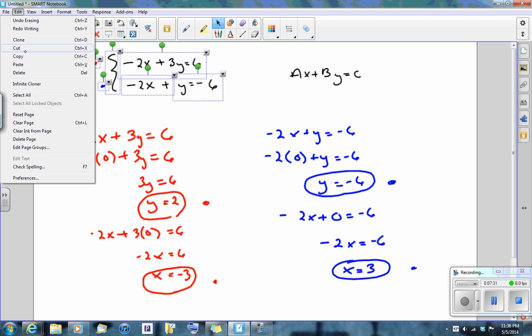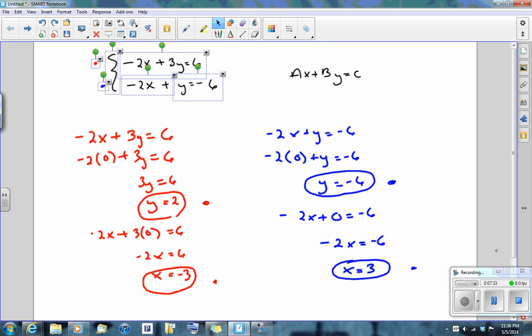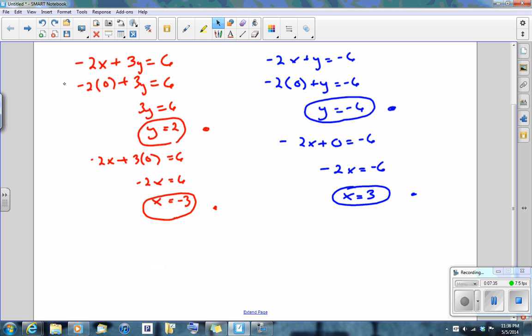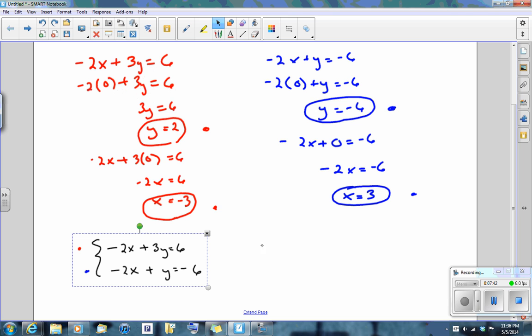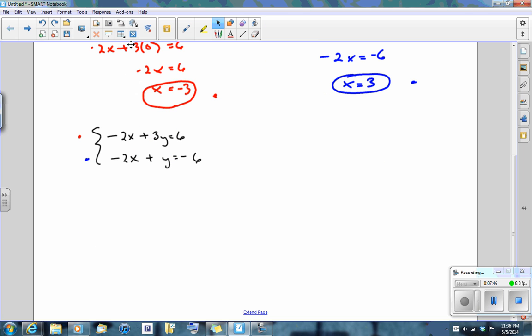It's always a little more challenging using a tablet at home, and it presents its own challenges. All right, so here's our original equations. Grab a pen, here we go.